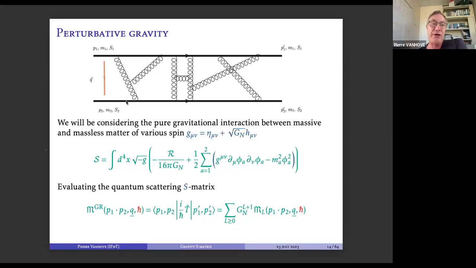And the thing that is non-trivial is that, suppose you want to look at the scattering of two Schwarzschild black holes, so that there is no spin. You can ask the question, how good is it to model this by looking at the scattering of two scalar fields? So you have one massive scalar field, another massive scalar field.